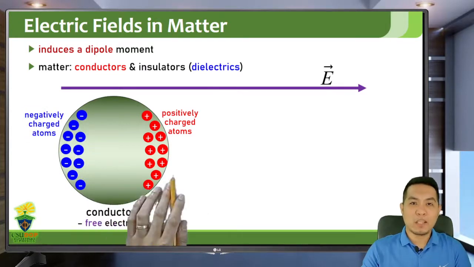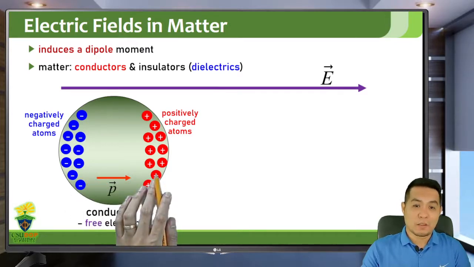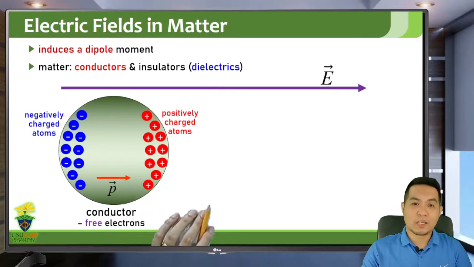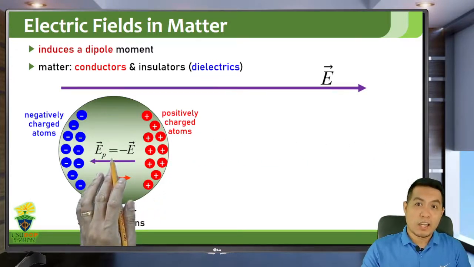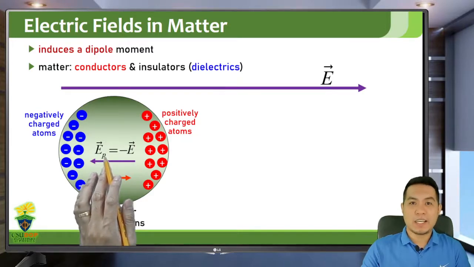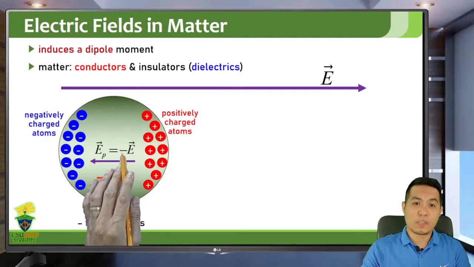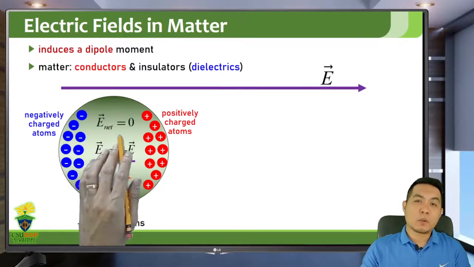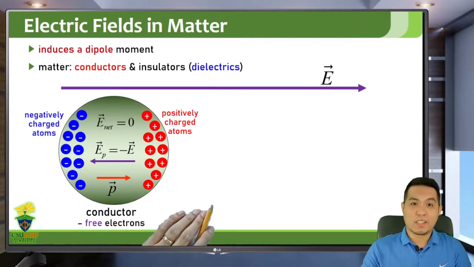And this will induce a dipole moment inside the conductor, which will in turn create an internal electric field. In this case, the internal electric field is exactly equal to the external field, but opposite in direction because of the negative sign here, which means the total electric field inside any conductor must be zero.